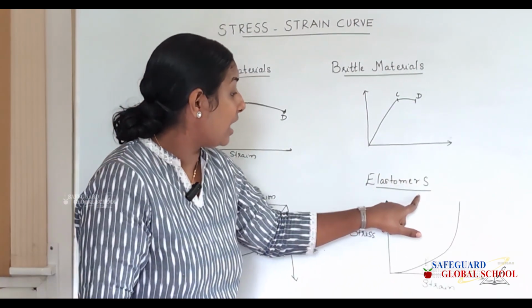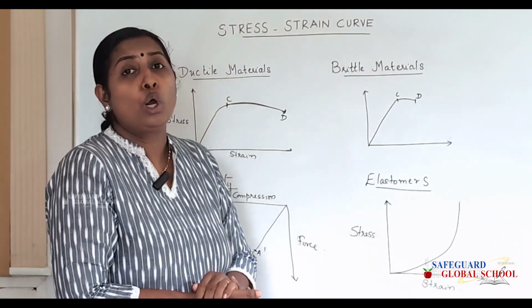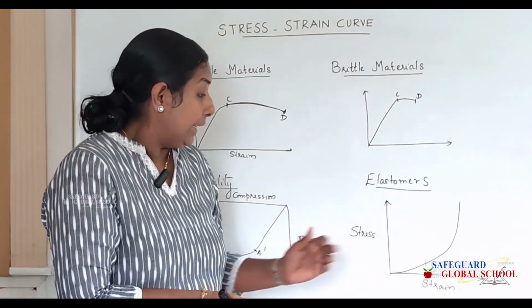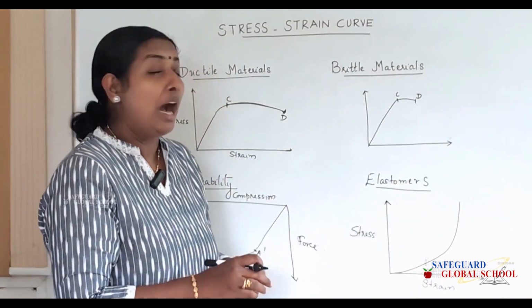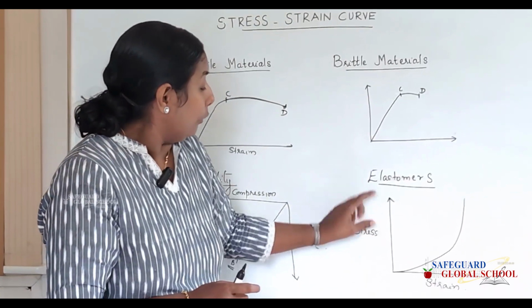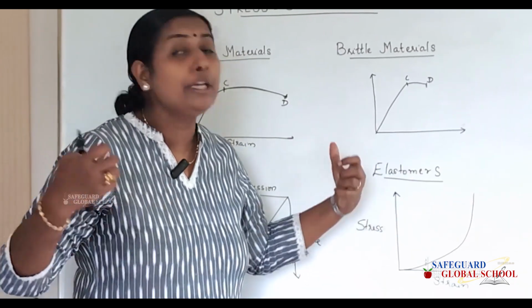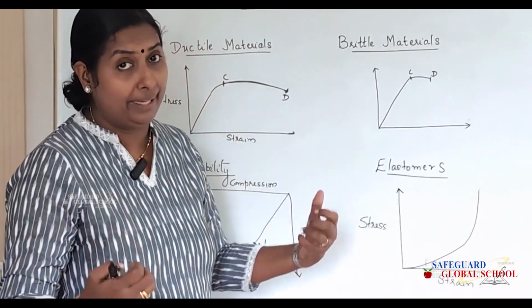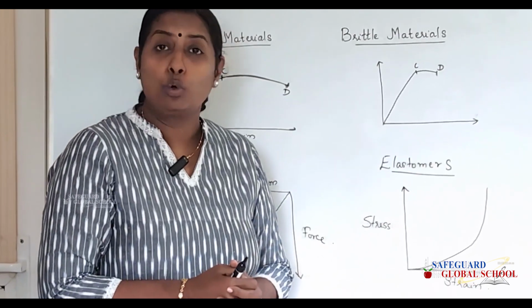Next, elastomers. Elastomers are materials like rubber which do not obey Hooke's law. Look at this graph. It's an exponential rise. In our body, our aorta is a very good elastomer. Look, for small values of stress, the strain will be very huge, but it does not break. These are materials which do not actually obey Hooke's law.